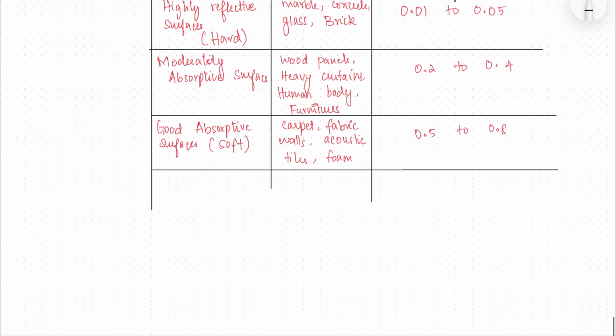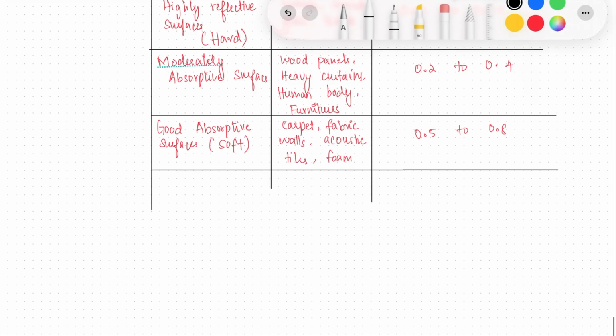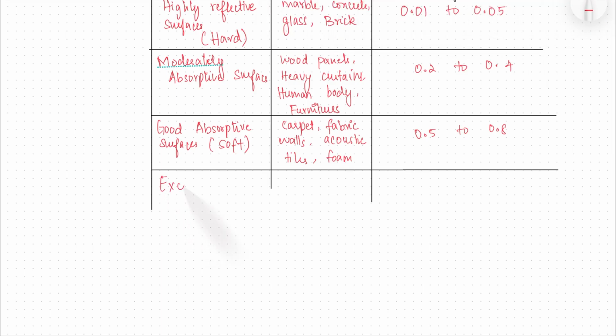Then you have highly absorptive material, excellent absorptive material, which is mostly porous in general.